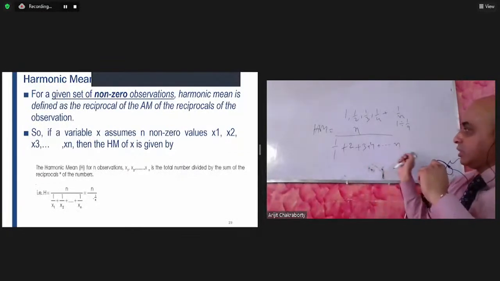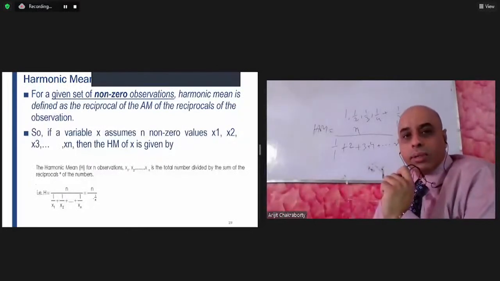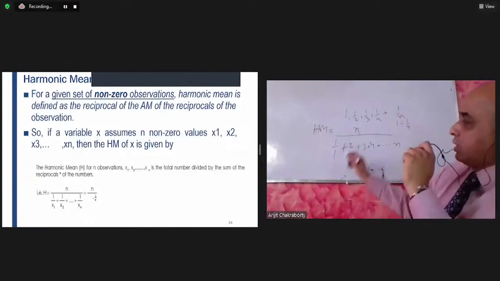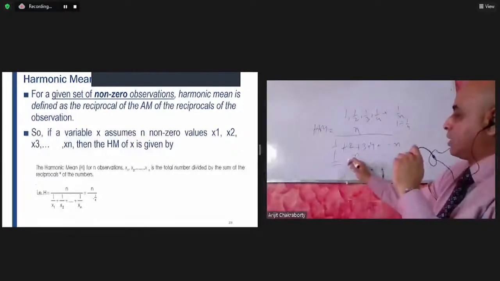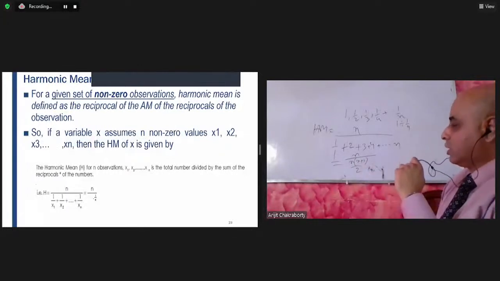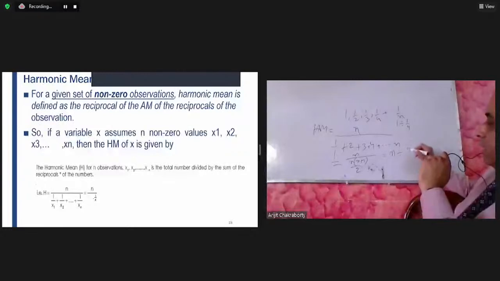You have already done this, I think, in our arithmetic progression chapter: the summation of the first n numbers. You may remember the sum is n into n plus 1 by 2. So here it becomes n in the numerator, and in the denominator it is n into n plus 1 by 2. So the expression is n divided by n into n plus 1 by 2.